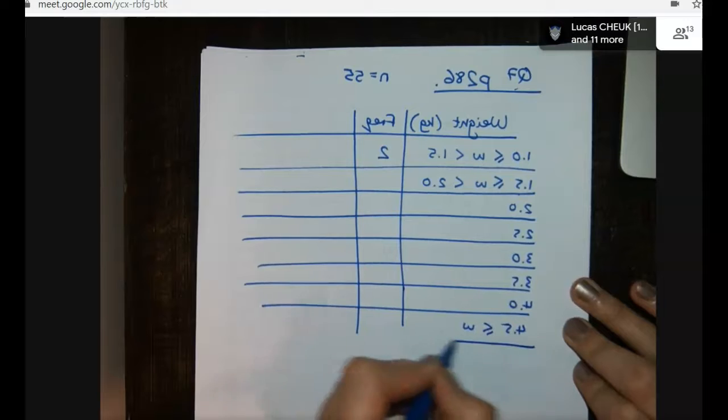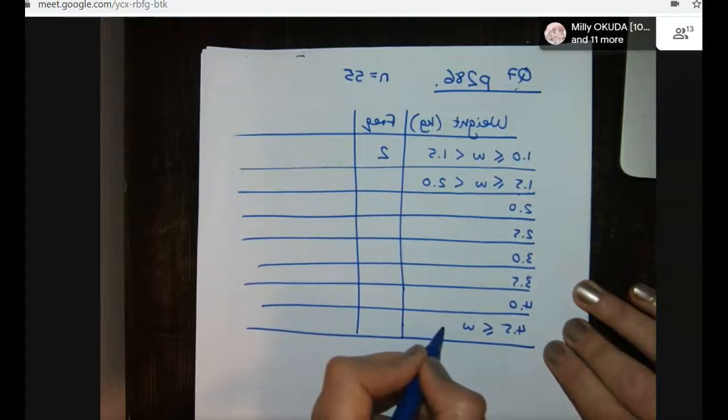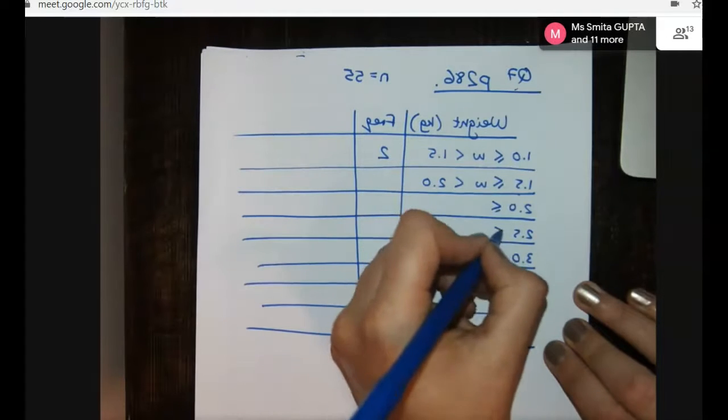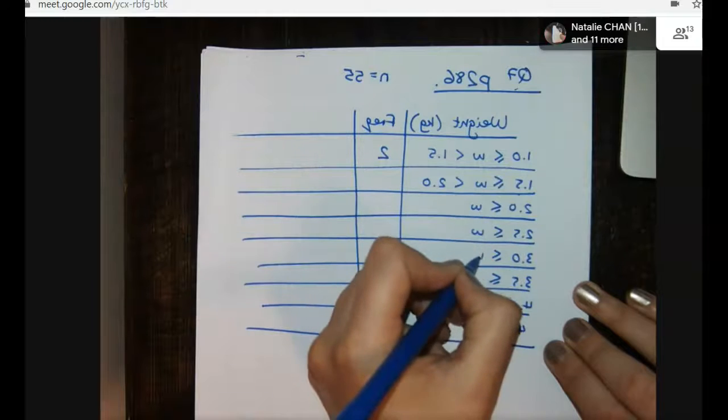So this bit's blank here, but it's not a mistake. It's just that this final row represents all babies that were more than 4.5. The W means weight.